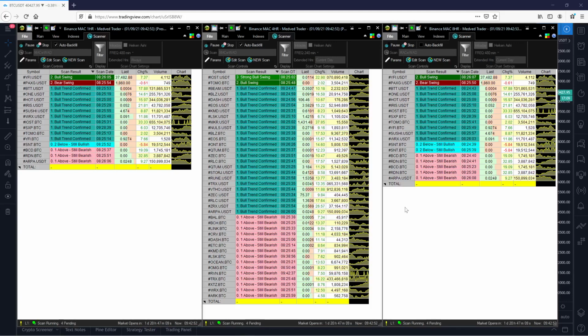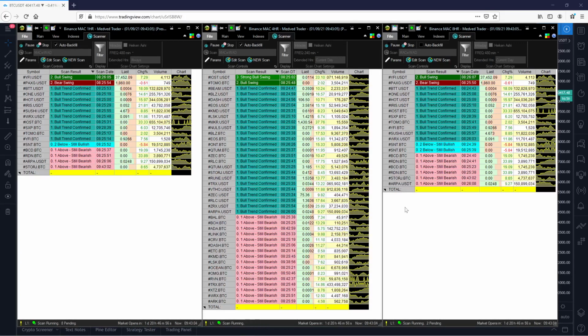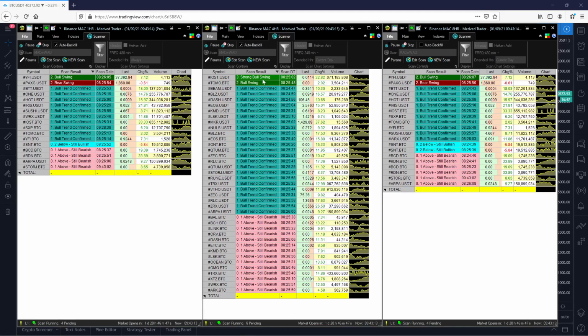But the bull swing and the bear swing signals are probably the most important thing off of this whole scan, because they'll occur the most frequently, and they are the most reliable signal for profitability. The number 3 condition, the strong bull swing and strong bear swing, is when you have multiple of the number 2 condition popping up.